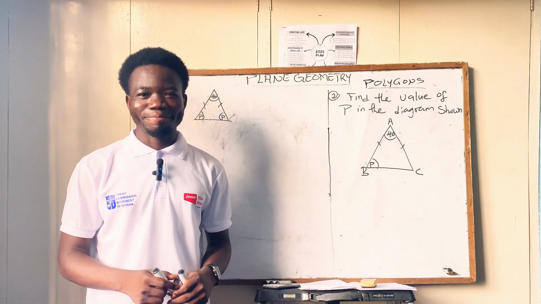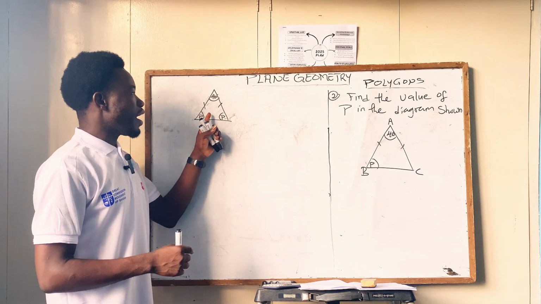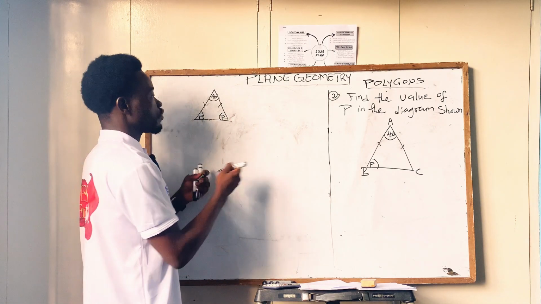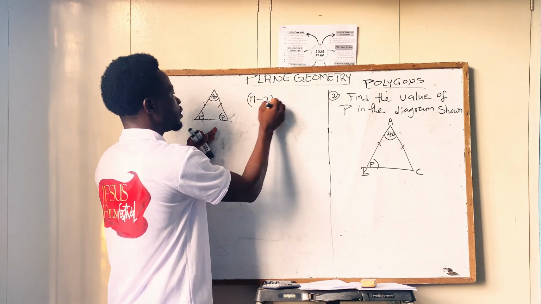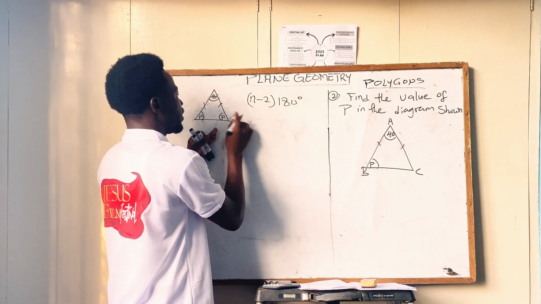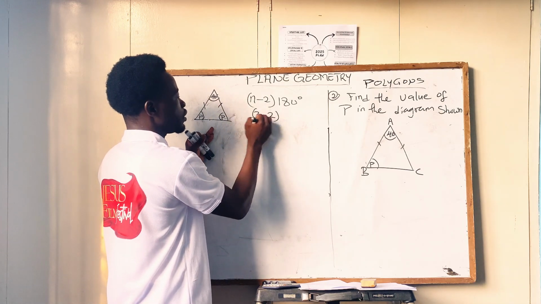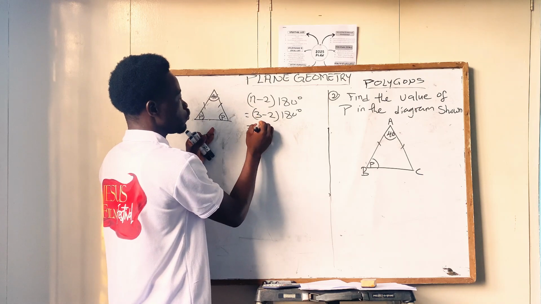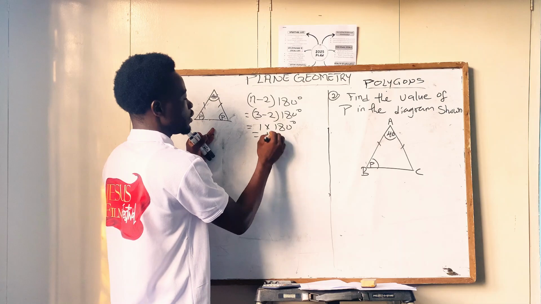Straight as that. Now you realize that the sum of angles in a triangle is 180 degrees. So you can use the previous formula we used: n minus 2 times 180 degrees. The number of sides is 3. So you can say 3 minus 2 times 180 degrees, and this is equal to 1 times 180 degrees, and this is equal to 180 degrees.